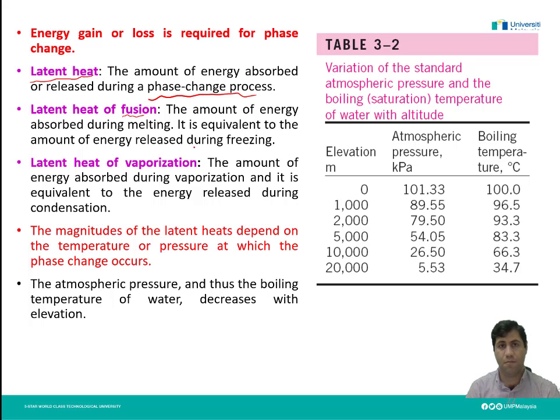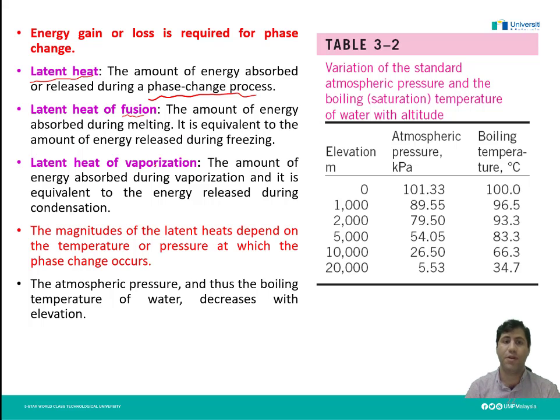If you notice, melting and freezing are two contrary phase changing processes, and the energy which is absorbed by the substance during melting is equal to the energy which we should release from the system during freezing. Melting is the opposite of freezing.